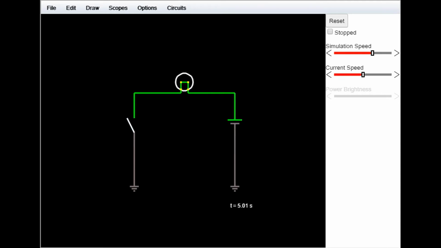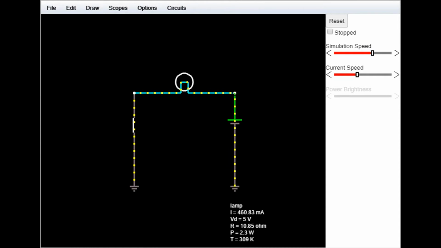Okay, so this is our power source, and you can see that we have a live wire here. This is green, indicates a high voltage, and as we know with batteries, the longer wire in the power source indicates positive. So when I close the circuit here, let me just slow down the current speed because it's a little hard to see.